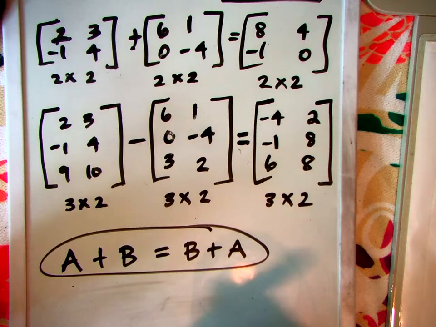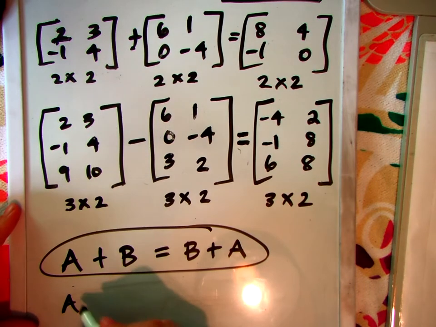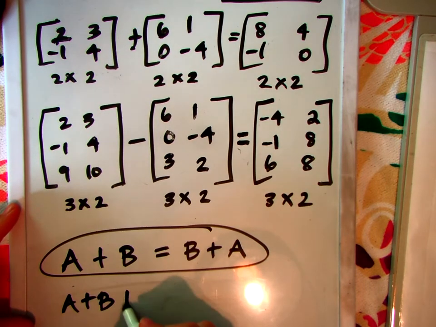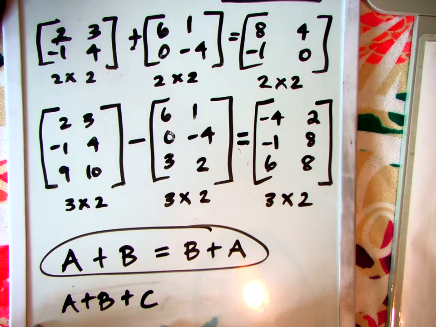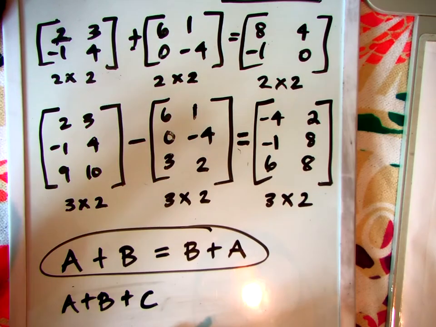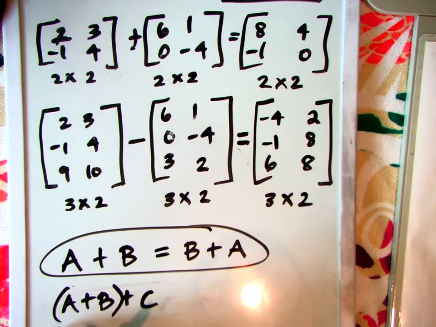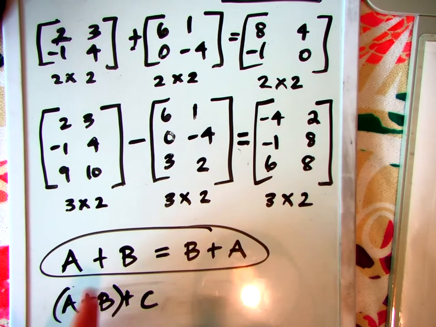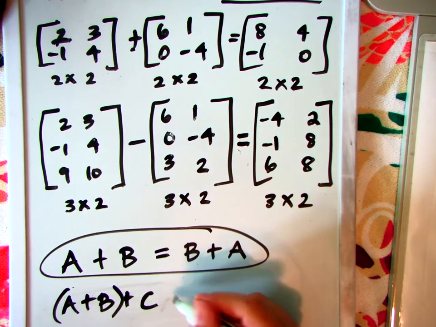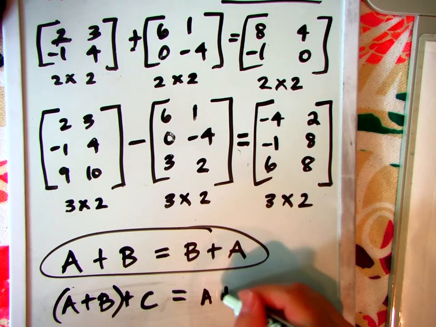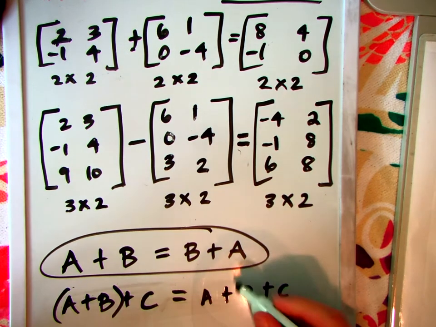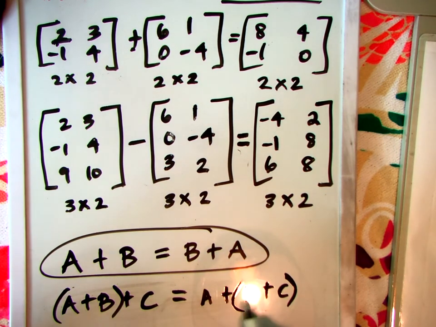It also is associative. So if you don't remember the names of your properties, let's say I had 3 different matrices to add together, so I was adding another matrix on at the end. Does it matter what order I add these in? Is the sum of A plus B, if I add that then to matrix C, going to be any different to if I changed it to adding B plus C?